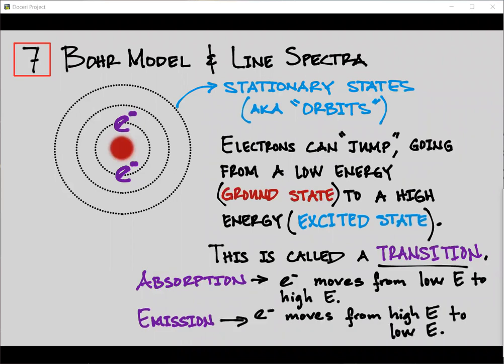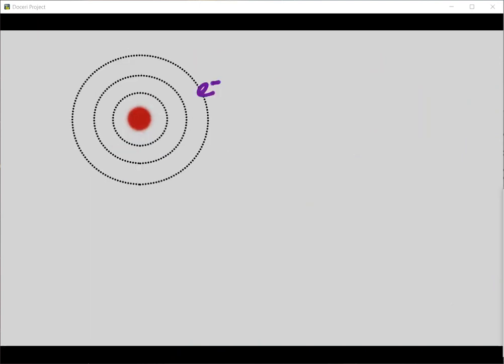So you have an electron moving from a high energy level, the excited state, to a lower energy level. As I mentioned earlier, once the electron is at a higher energy level, it can't permanently stay there. It has to go back down to a lower energy level, because a lower energy level is more stable compared to a higher energy.